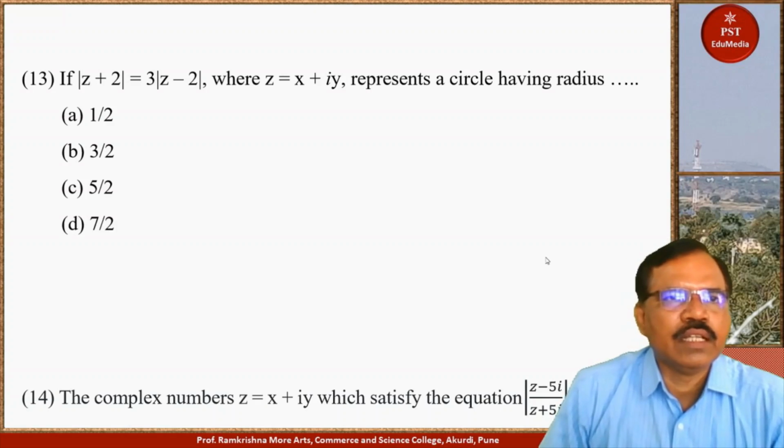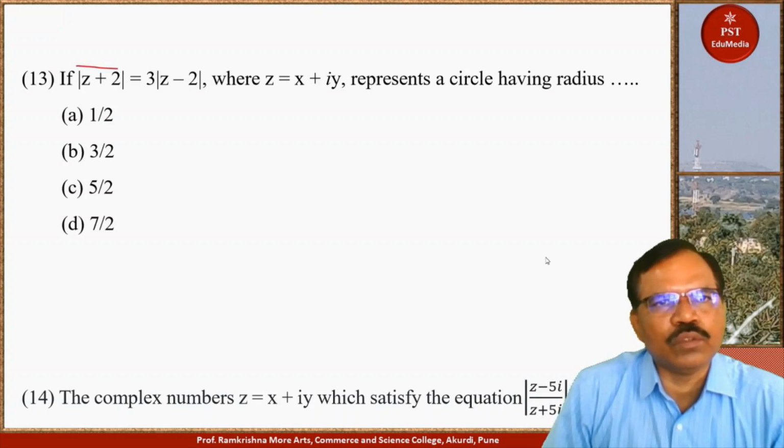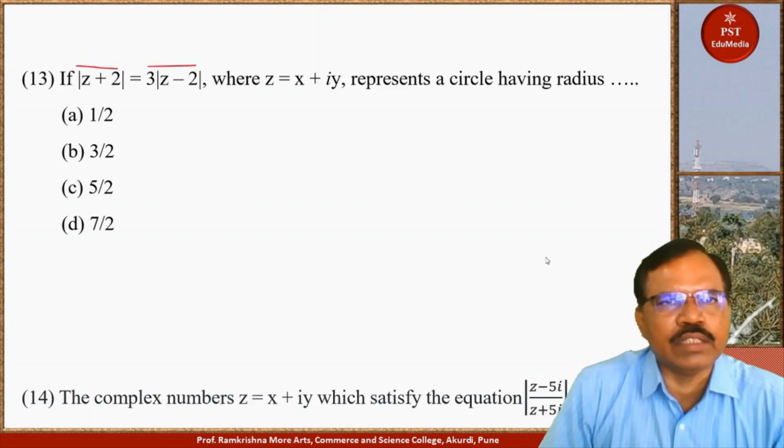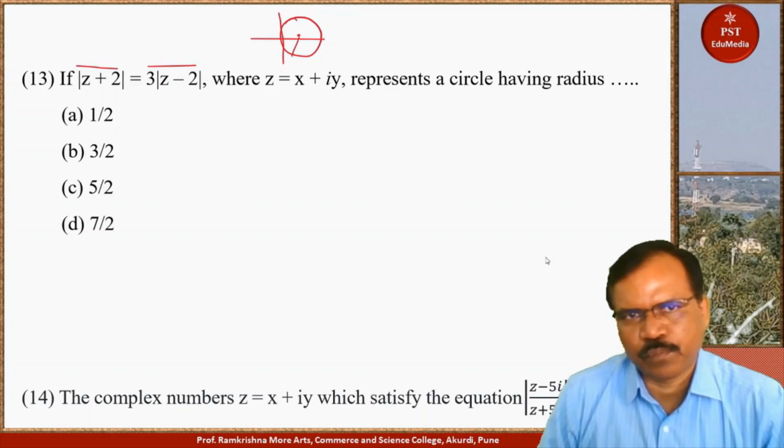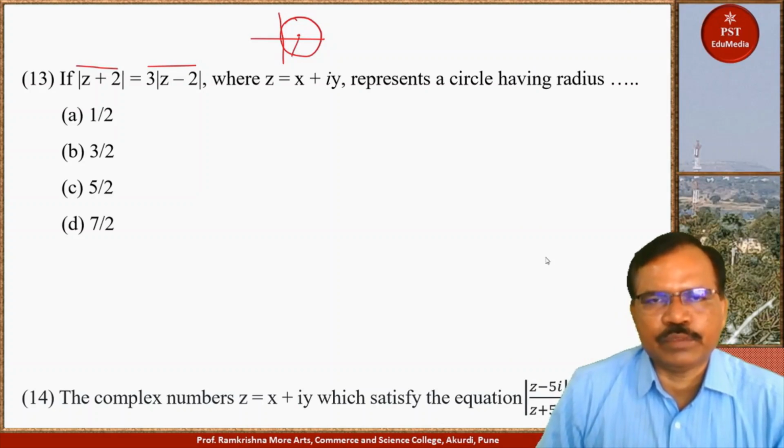So what happens here? If we plot this equation on the complex plane, you will get a circle with some center and radius. So we have to find that radius.